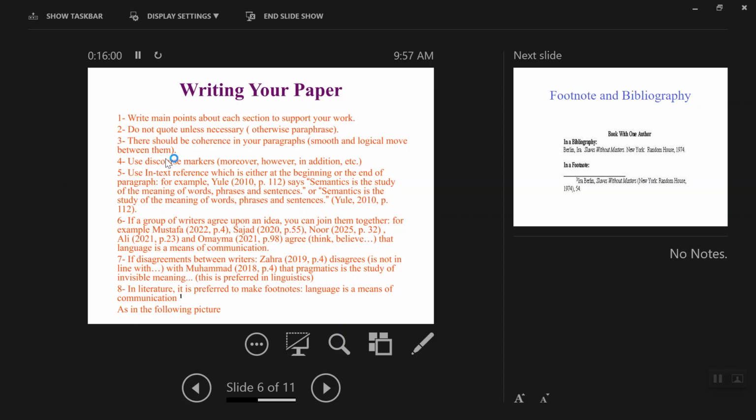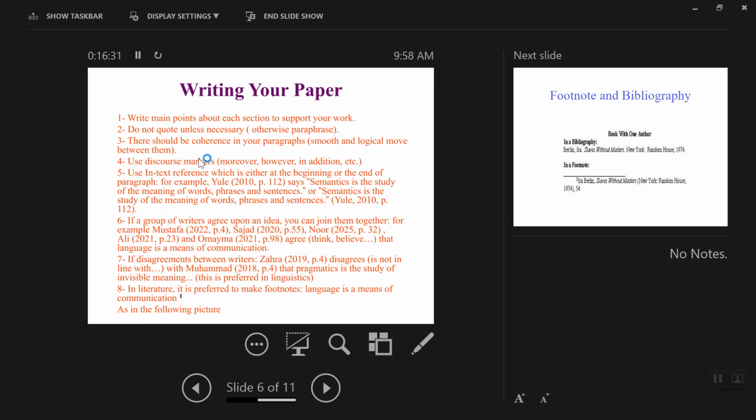Number 3, there should be coherence in your paragraphs. The first paragraph should be related to the second, and the second to the third. There should be a smooth and logical move between them. For example, when you write about grammar in the first paragraph, such as the definition of phonetics, the second paragraph should be related to the first.